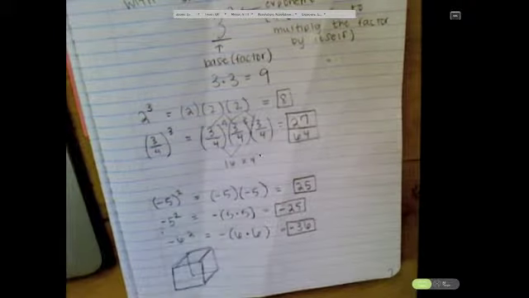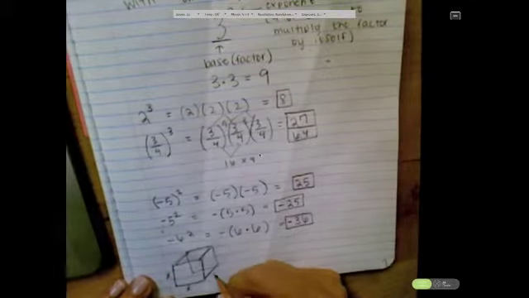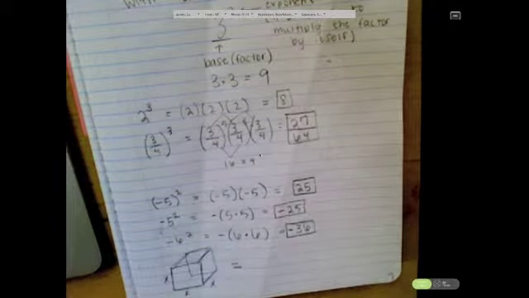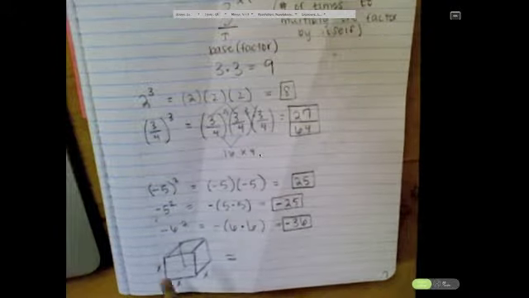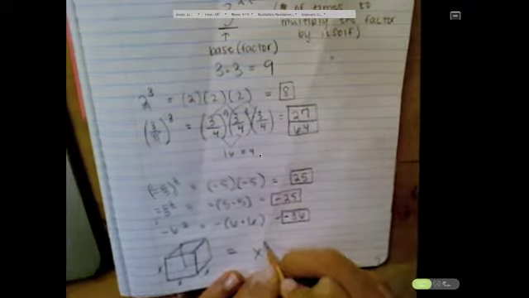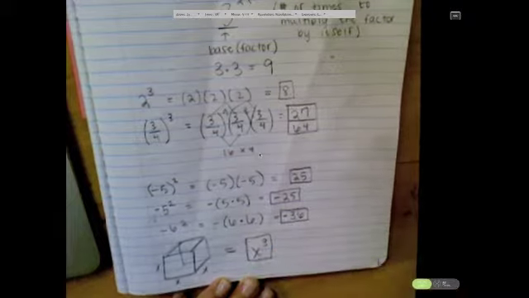And on the box it told me that each side is worth X. And the instructions say, write the power represented by each geometric model. So what power is represented by this 3D model? Cubed. Right, cubed, which is to the power of 3. Perfect.